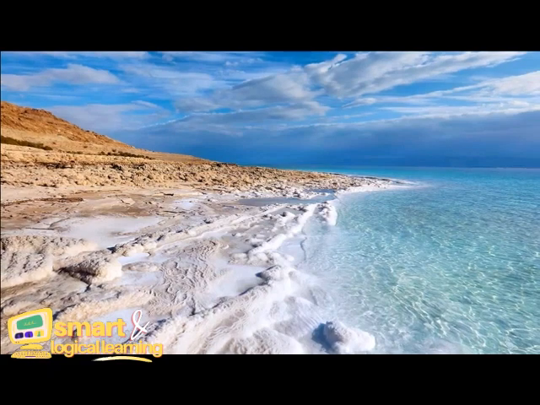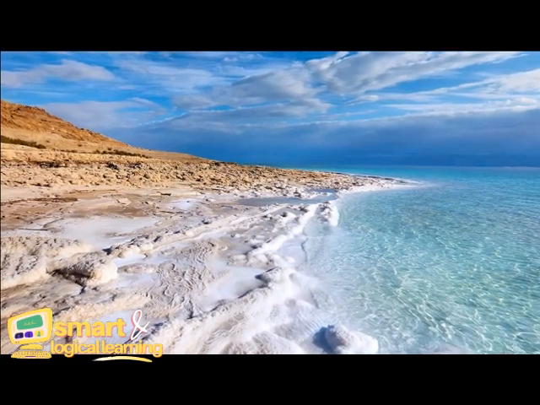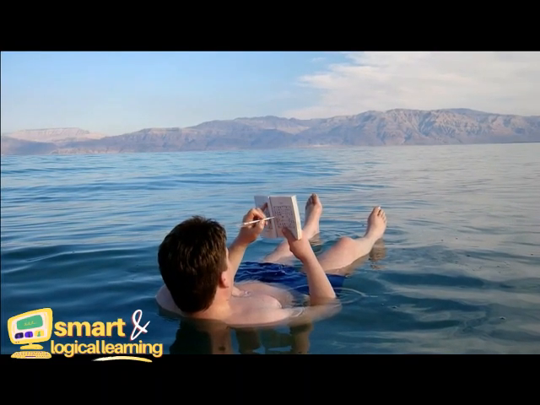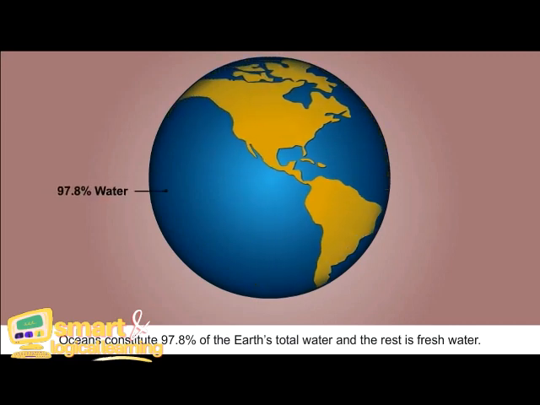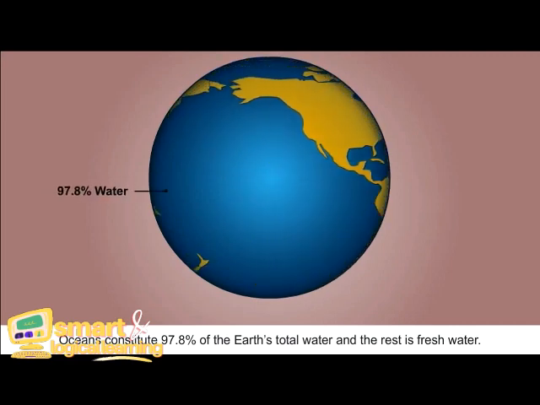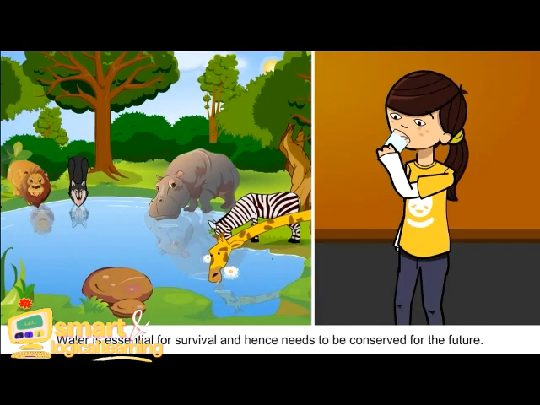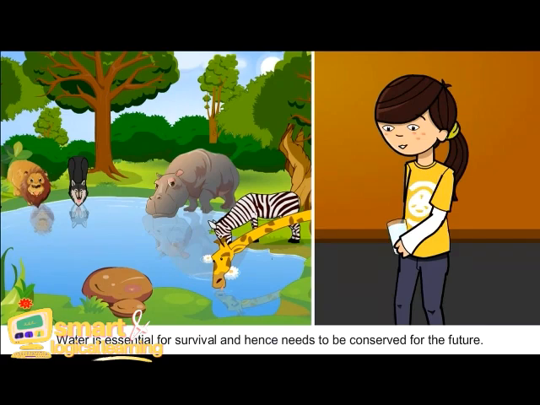Salinity of Dead Sea in Israel is about 340 grams per liter of water. Because of its density, swimmers can actually float on its water. Oceans constitute 97.8% of the Earth's total water, and the rest is fresh water. Water is essential for survival and hence needs to be conserved for the future.